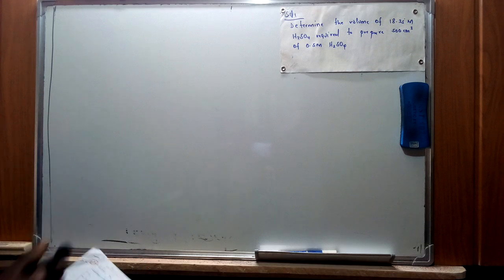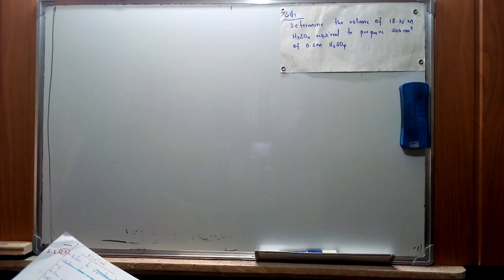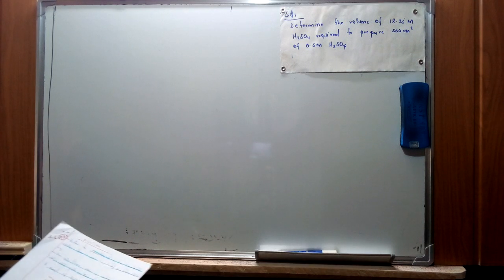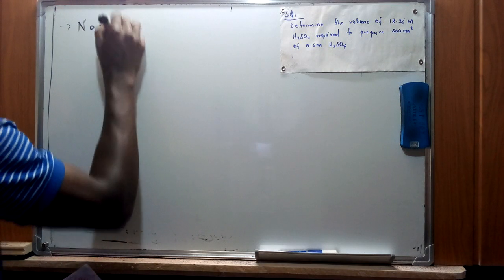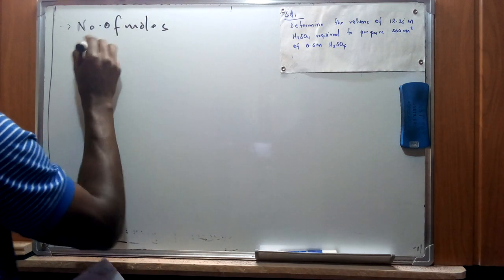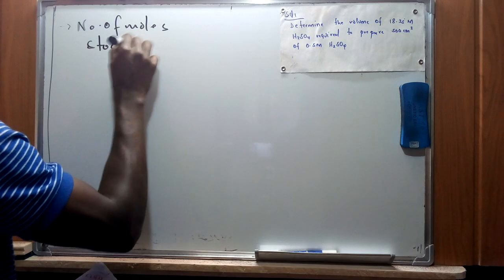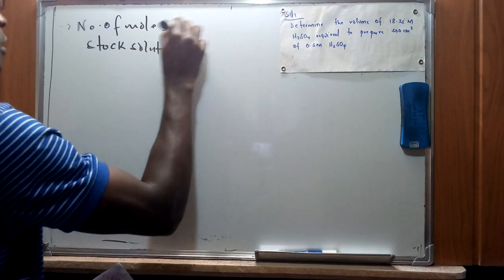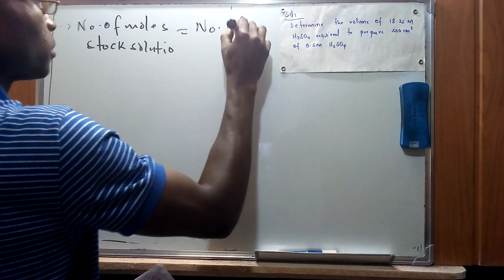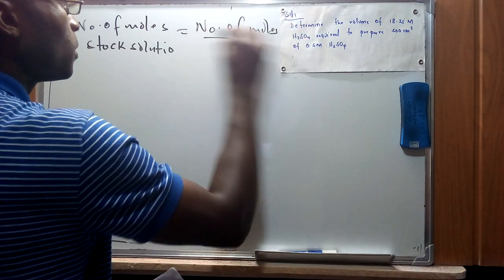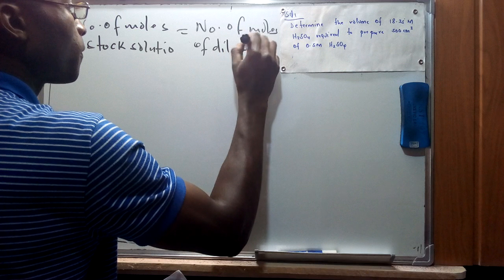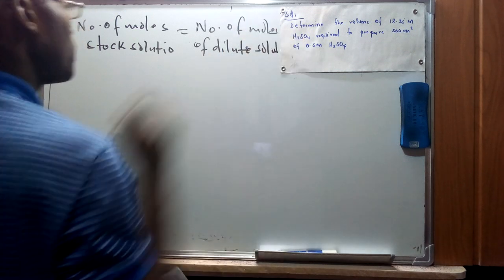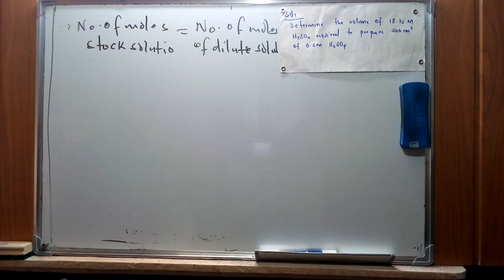There's a relationship that exists between the number of moles of a stock solution and dilute solution, whereby the number of moles of a stock solution equals the number of moles of dilute solution. So this statement can as well be represented in another format.